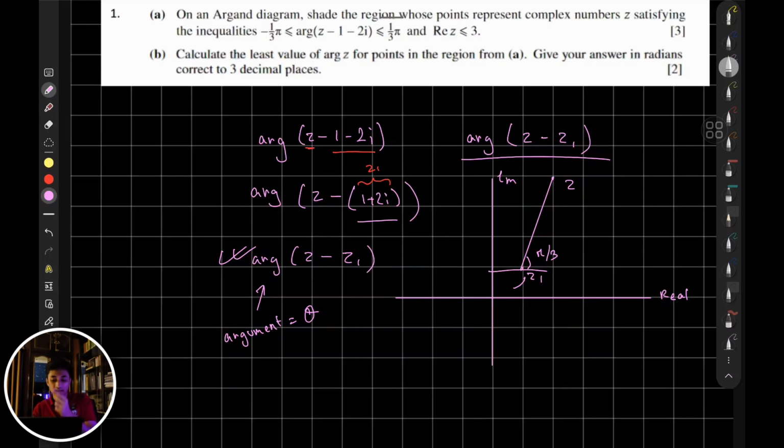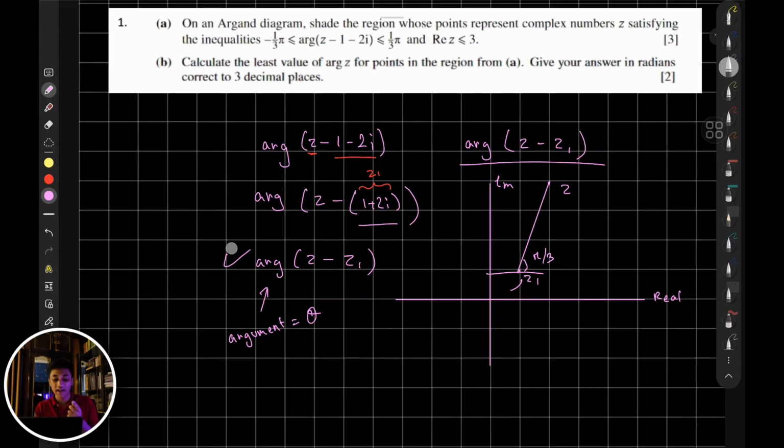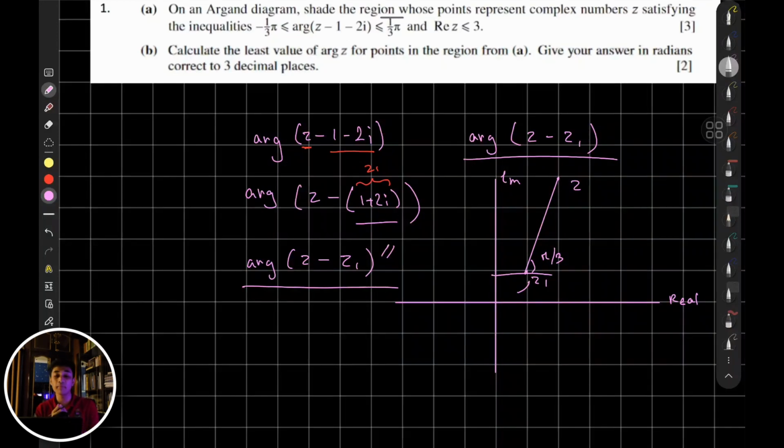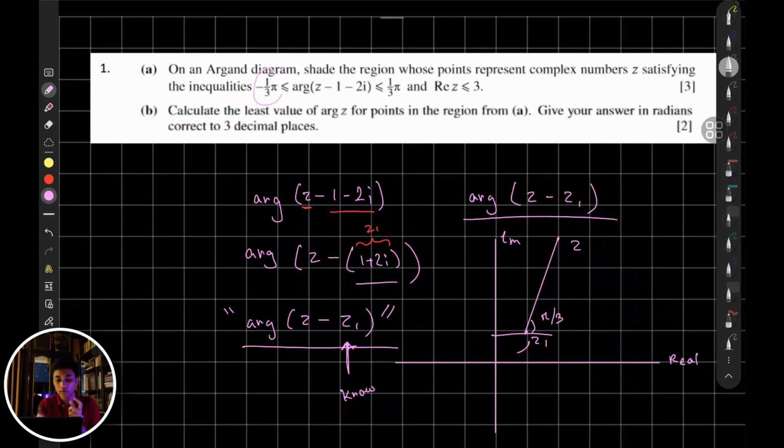So if we understand the terminology of writing this, we can now attempt the sum. What do we know from all this? If they write argument of z minus z1, where z1 is known, 1 plus 2i, they're trying to define by this expression that z is going to be at a certain angle from z1, and they've told you between what angles z could be.